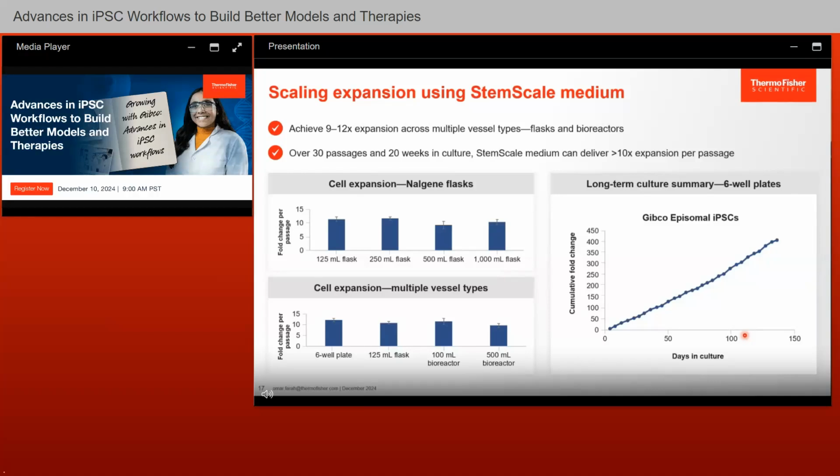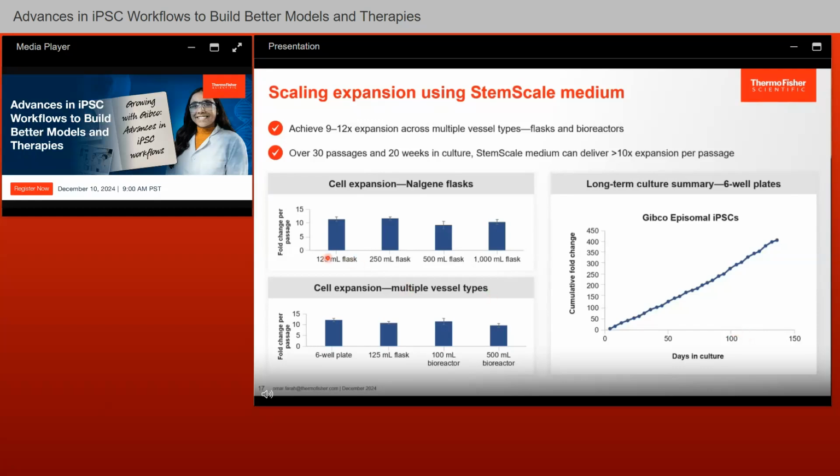Scaling across these formats is an important consideration because you need to be cost effective and efficient when transitioning from one vessel to the next. And here we show that the maintenance of these expansion capabilities of the media system is amenable across multiple different culture vessel formats.